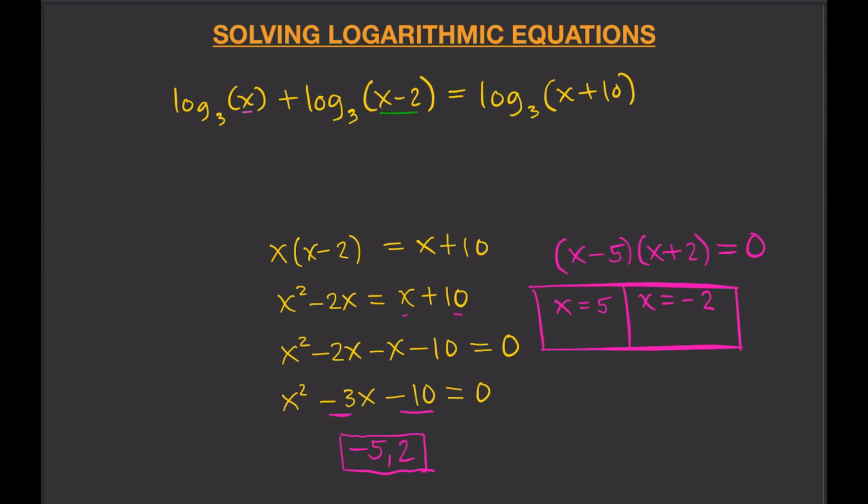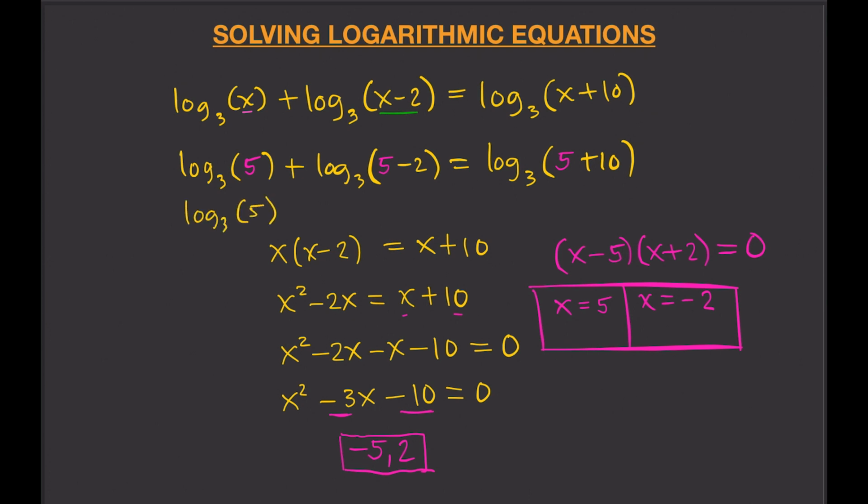So that's just going to be log base 3 of 5 plus log base 3 of 5 minus 2 equals log base 3 of 5 plus 10, which will give us log base 3 of 5 plus log base 3 of 3 equals log base 3 of 15.